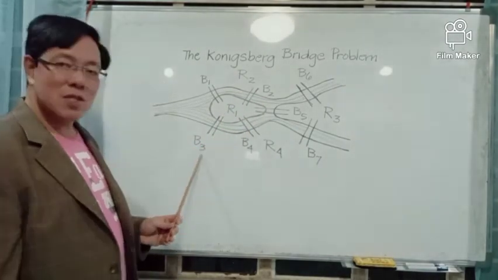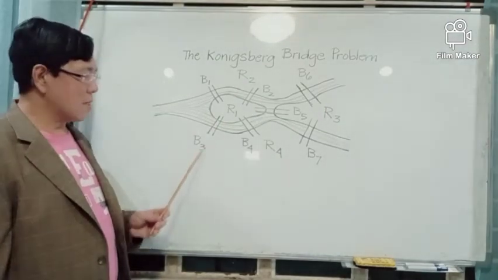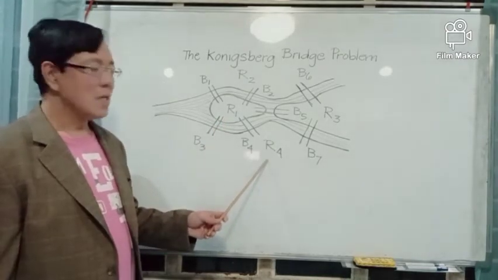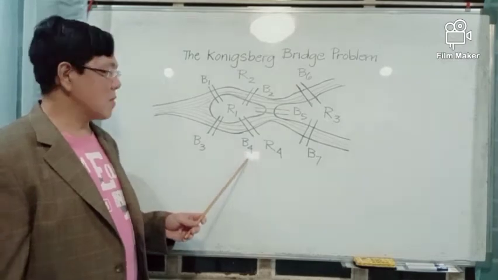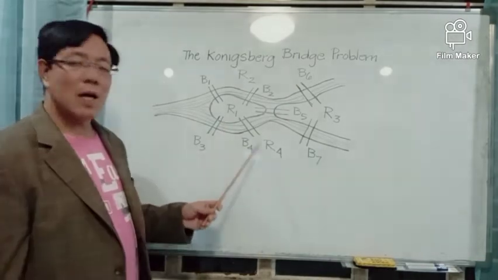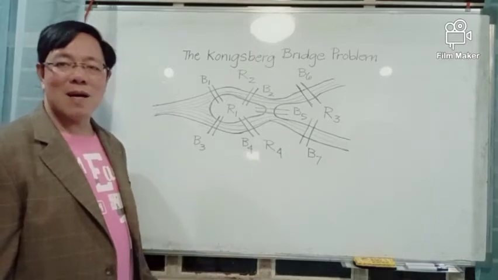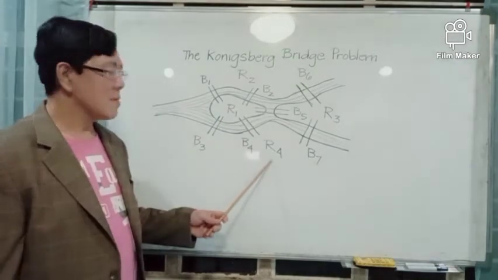The third bridge is denoted by B3, and this bridge links region 1 and region 4. And another bridge denoted by B4 connects region 1 and region 4. Thus, there are also 2 bridges that link regions 1 and 4.